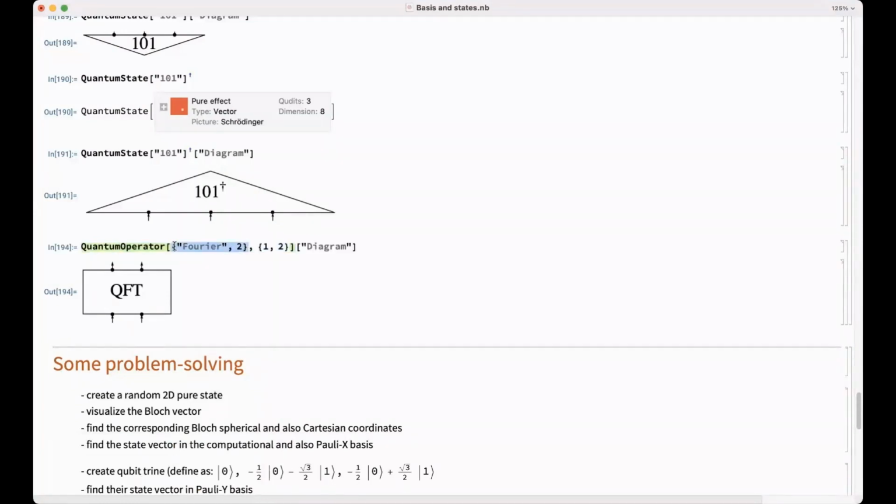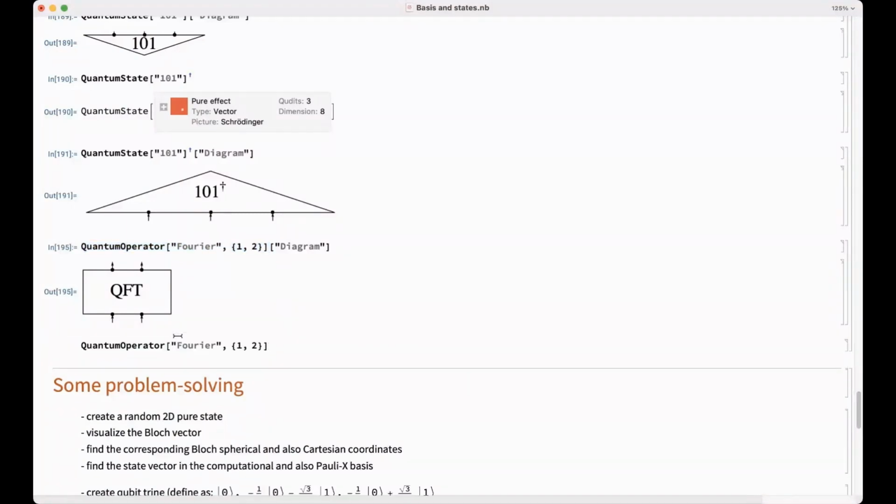If an operator acts on more than one qubit, it's just going to have more outputs and inputs, but the number of those is going to be the same. That's usually what the gates are. They have the same amount of inputs as outputs.